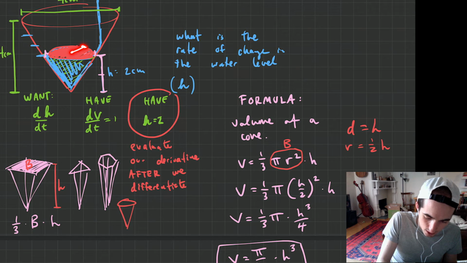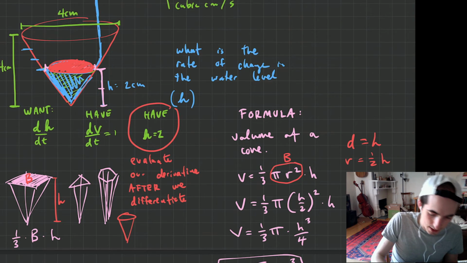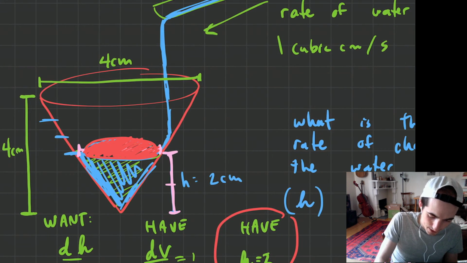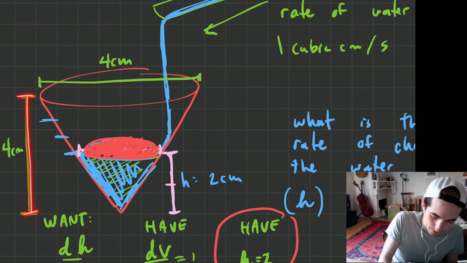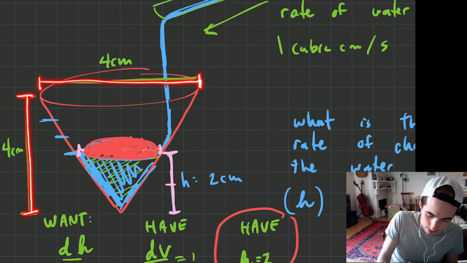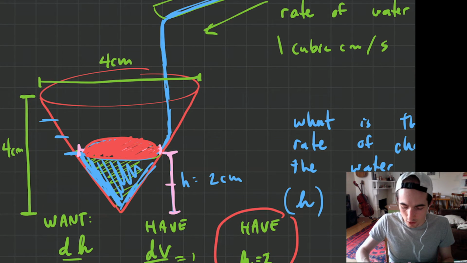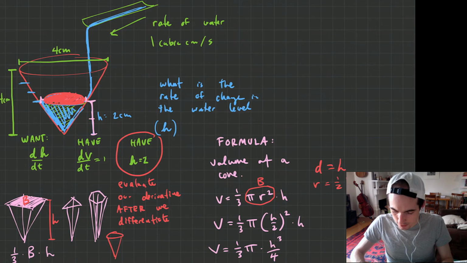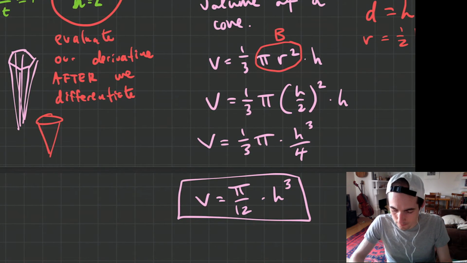We don't really know what r is, but we know that the diameter from here to here is the same as the height, right? Because in the big cone, the height is 4 centimeters and its diameter is also 4 centimeters. So the diameter is equal to the height for all of the cones. So that's where this formula comes from.